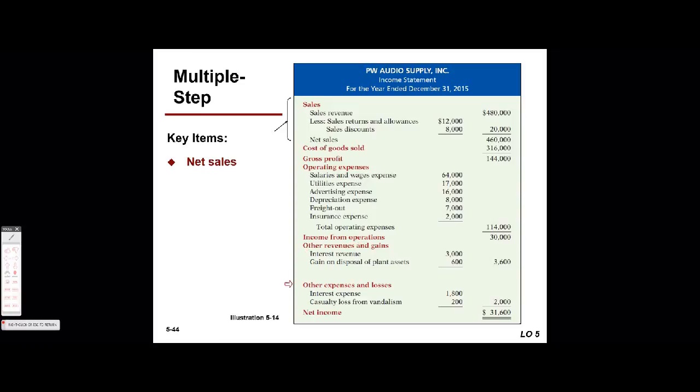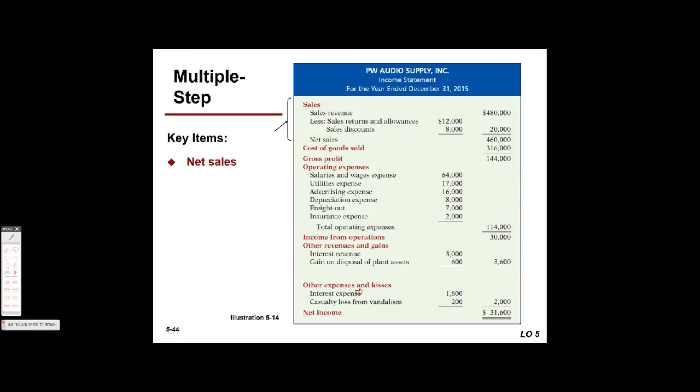And then the other expenses and losses, we see interest expense, casualty loss from vandalism, you may see casualty loss from fire, natural disaster, or what have you. Those are things that cost the company money but shouldn't happen every accounting period. So we separate those.